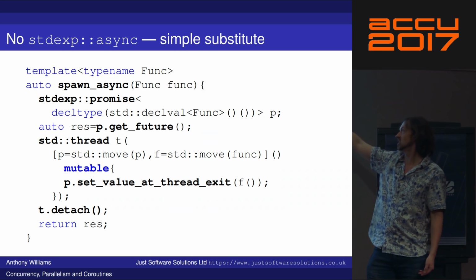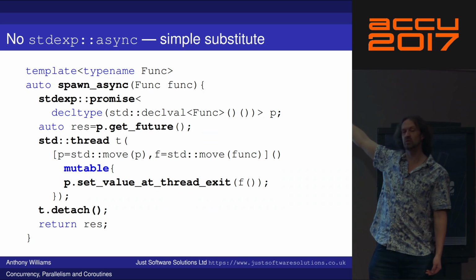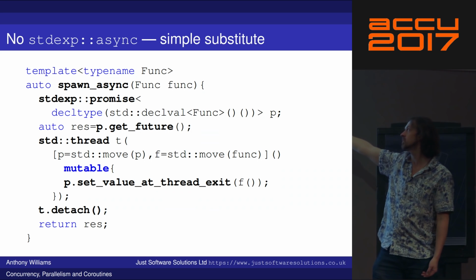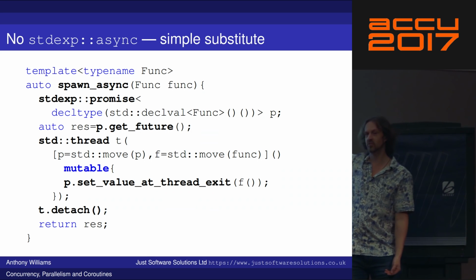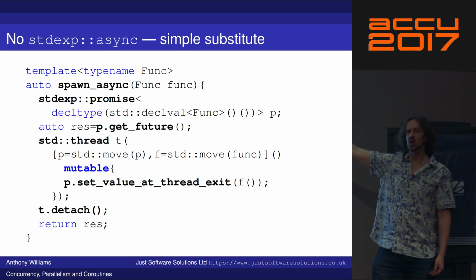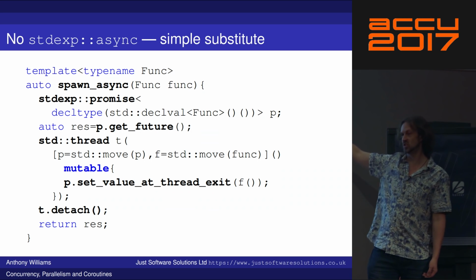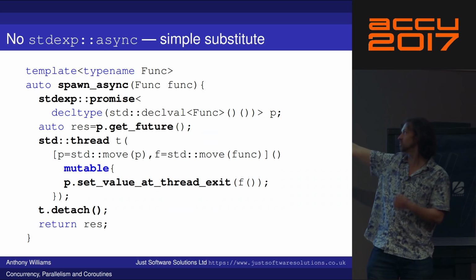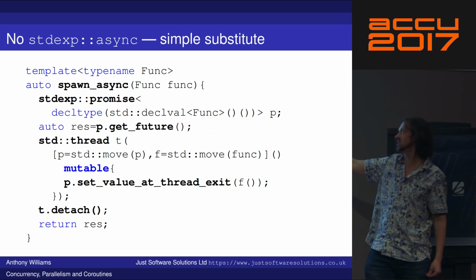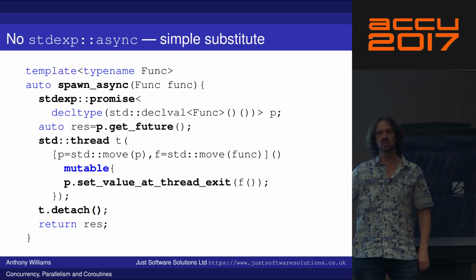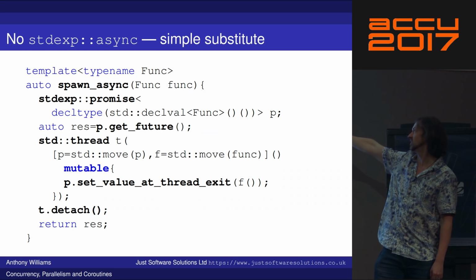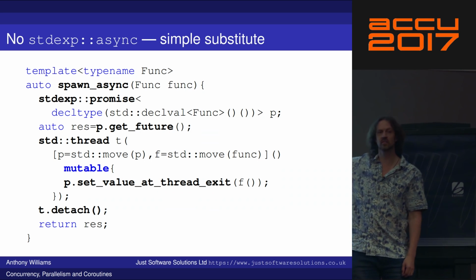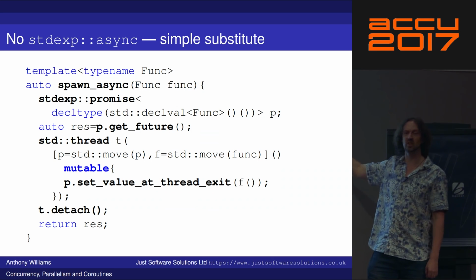Spawn async function. We construct a promise to hold the return value from our future. We then get a future from that promise. Construct a new thread that's going to move the promise into the thread along with the function, and we set the value on the promise so that it's ready at thread exit.